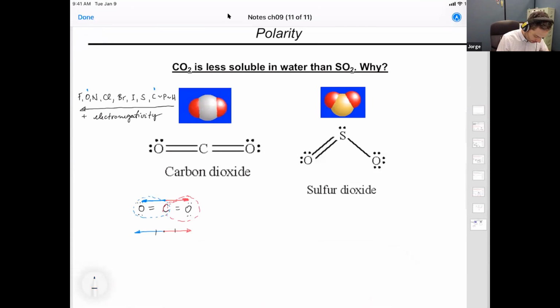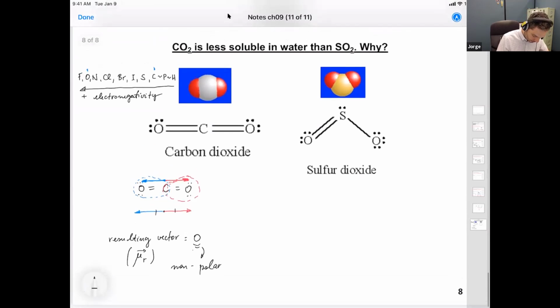Okay, so the resulting vector, I'm going to represent that by mu r, is going to be 0. If the resulting vector is 0, that means we have a non-polar molecule.